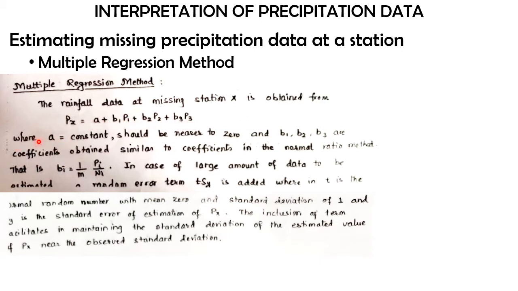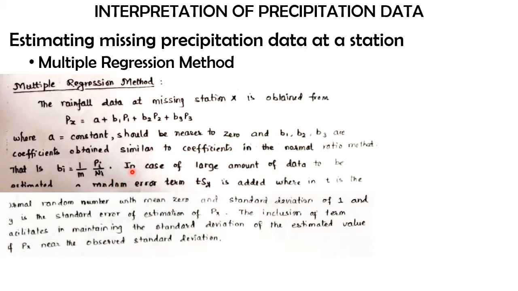Here A is a constant which should be nearer to 0, and b1, b2, b3 and so on are coefficients obtained similar to the coefficients in the normal ratio method, that is bi equals 1 by m into pi by ni. So b1, for the calculation, will be 1 by m into p1 by n1. This is the formula for the b1 value.